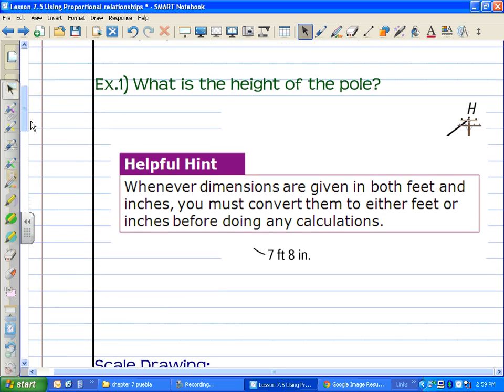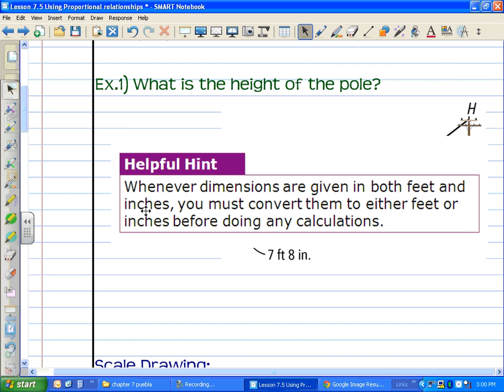Now, remember, you don't have to write this little helpful hint here. I just want you to know, whenever we're dealing with these type of problems, if they give you a measurement in both feet and inches, make sure that everything is converted to inches first, or all to feet. I would say everything to inches.